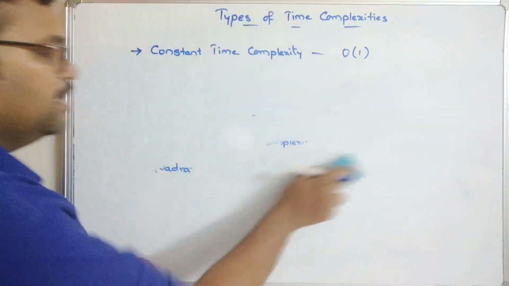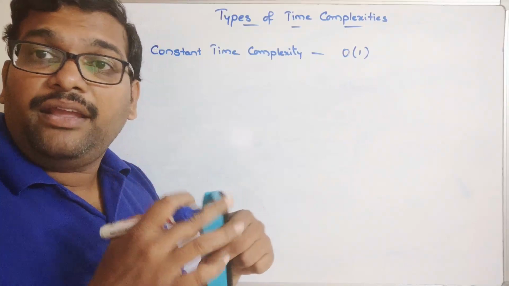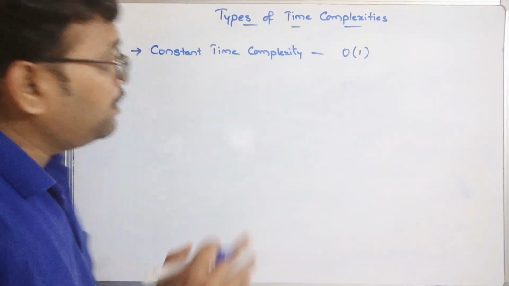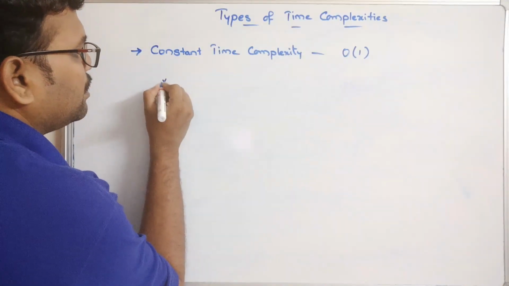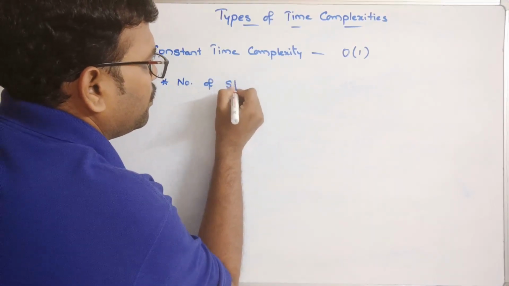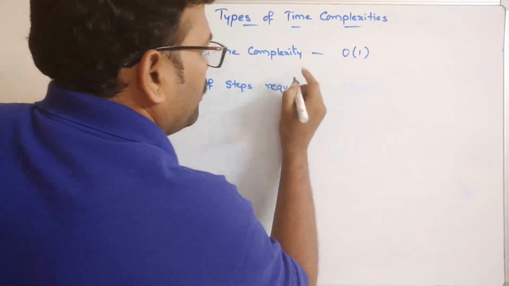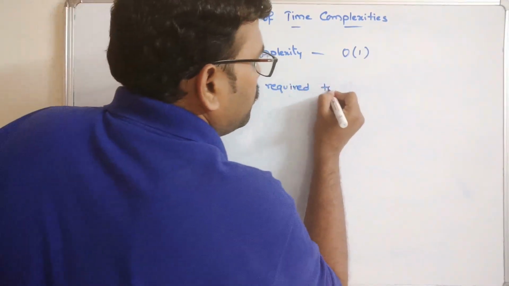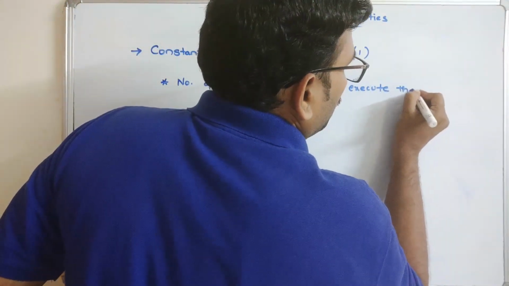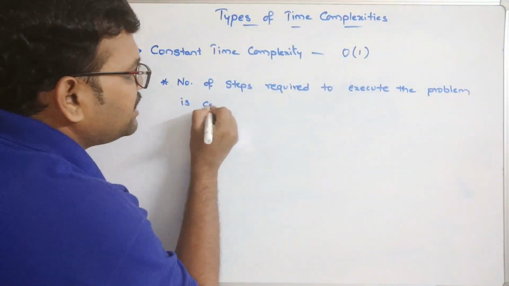Constant time complexity. So just now we have said that time complexity means the time taken to execute the problem or to perform a particular task. So here the number of steps required to execute the problem is a constant.